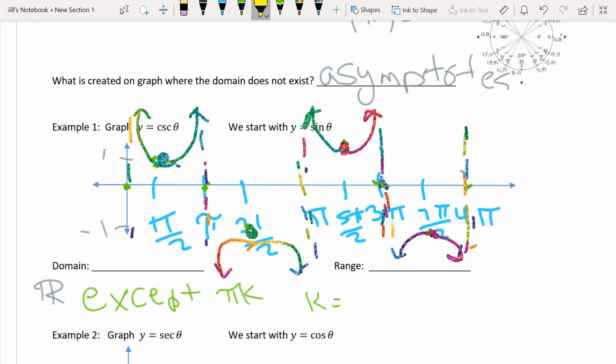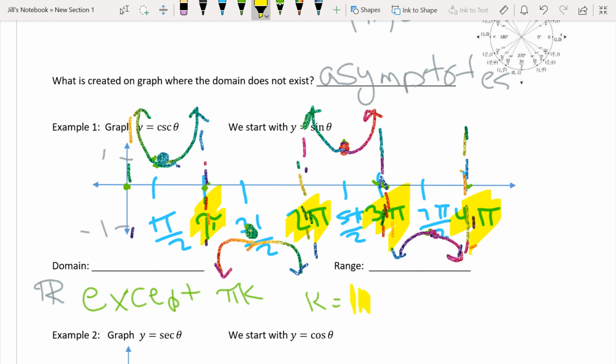Okay, so if you look, I'll try to highlight it. Do you see how we have an asymptote here at pi? This got erased. When I erased it, this was 2 pi. We have an asymptote at 2 pi. We have an asymptote at 3 pi, 4 pi. So the domain is everything except those. So we write pi k, where k is equal to an integer.